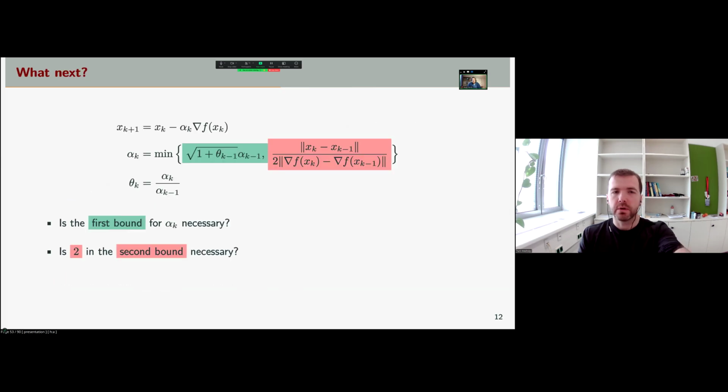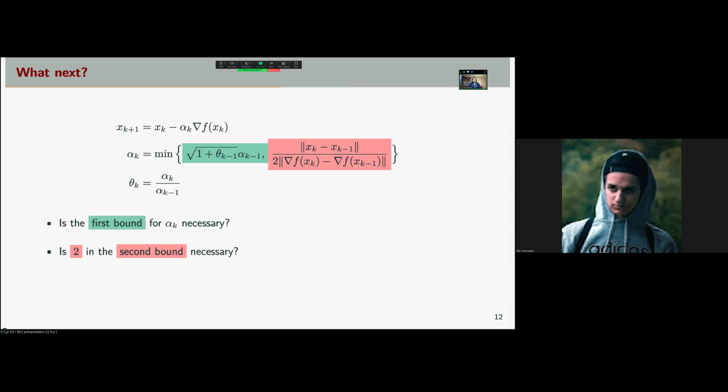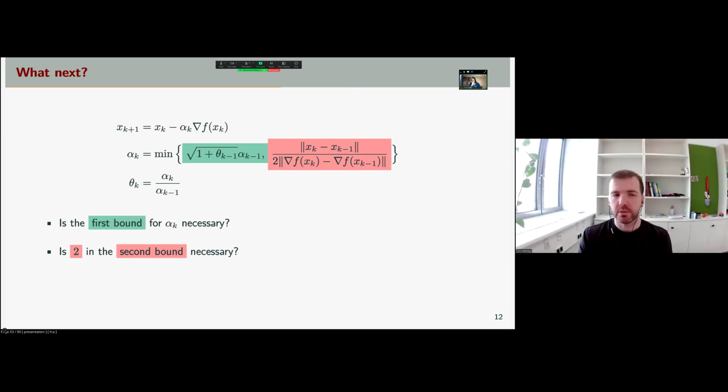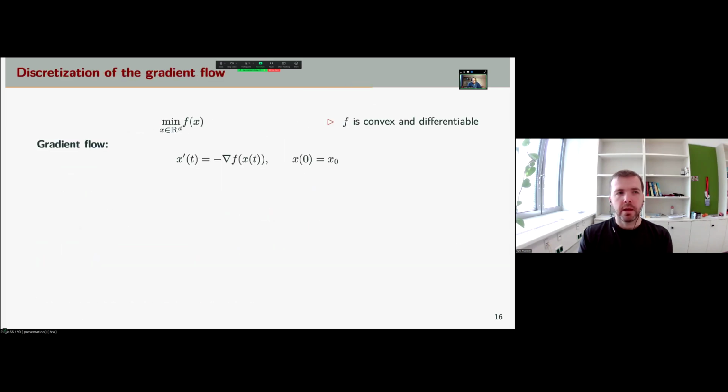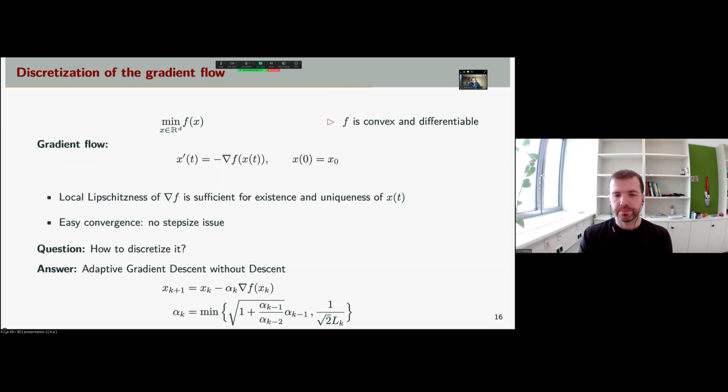So alpha k divided by alpha k minus 1, just the ratio between the current one and the previous one. Yeah, that's why I didn't write it here, because I anticipated that someone might not remember all these letters.